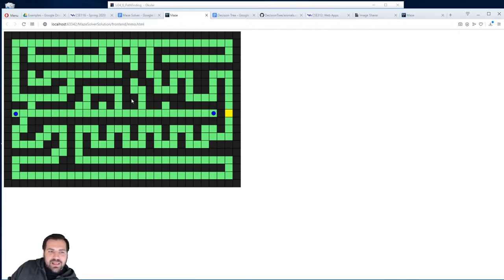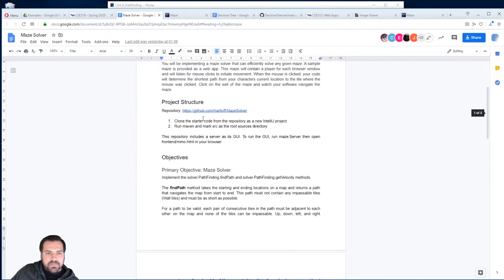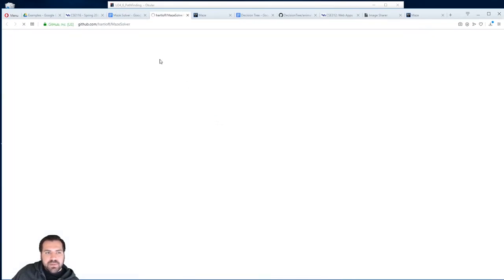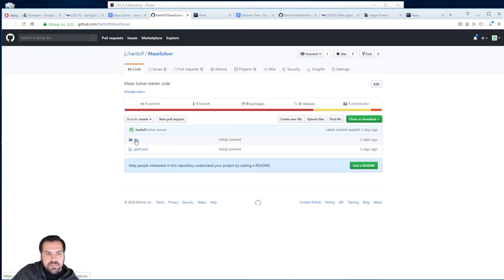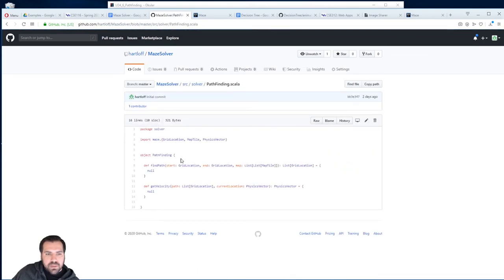So when I click, we're going to extract the node for that click. Actually, let's pull up the starter code for this. There are two methods that you have to implement. The first takes two grid locations and the entire map and returns the path that should be taken.